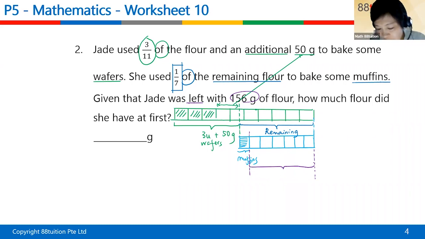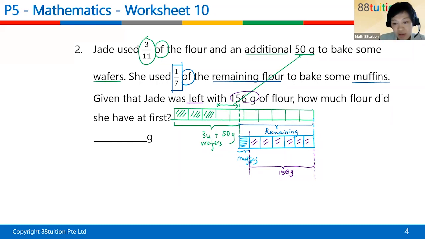Okay, unshaded blue. Who is the one who said unshaded blue? Okay lah, never mind, I accept that. 156. Now for this 156, can I ask a question? As it is the unshaded blue, right? So I'm going to put here 1, 2, 3, 4, 5, 6.